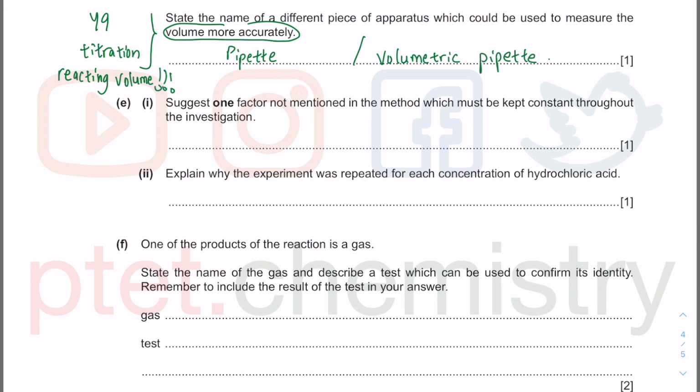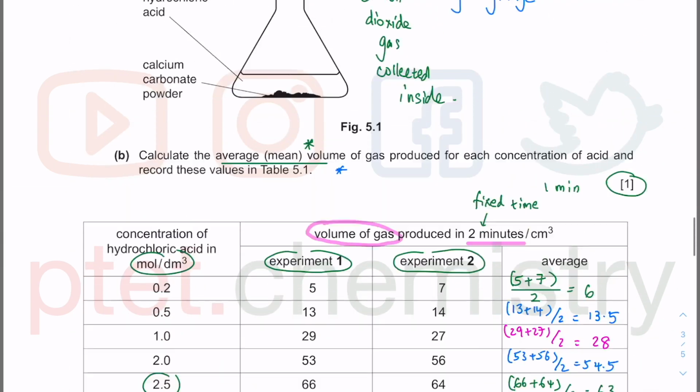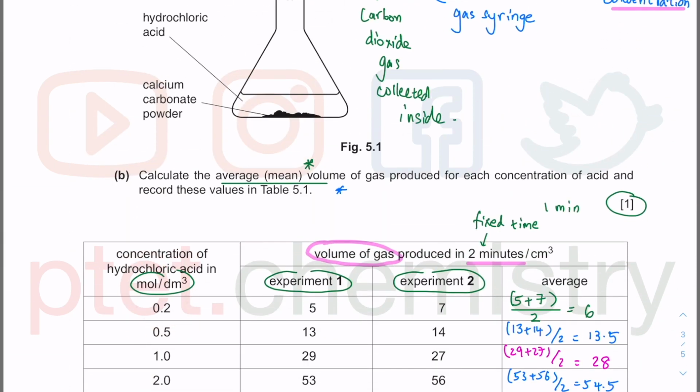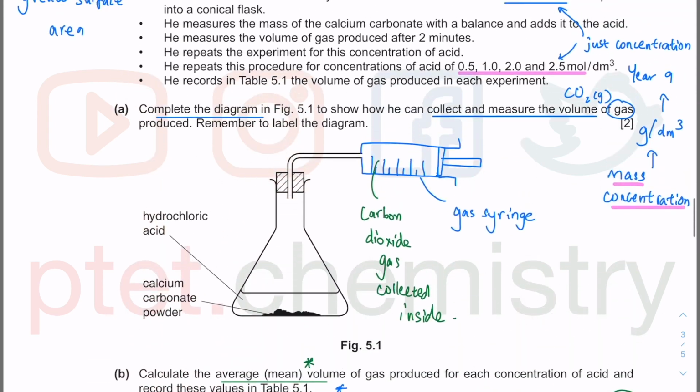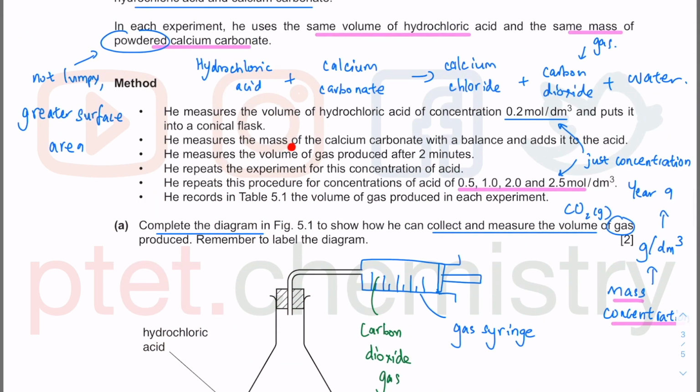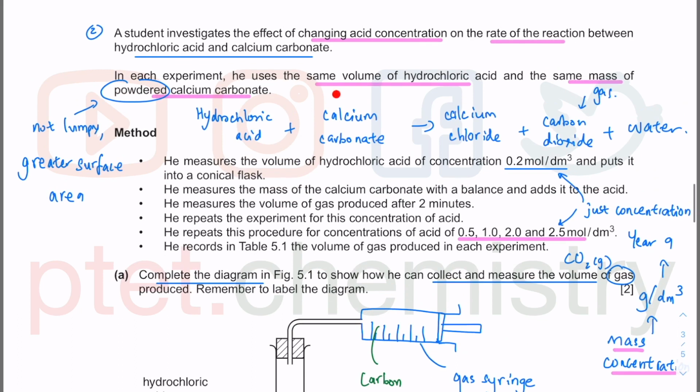So the next bit suggests one factor not mentioned in the method, so not mentioned so far, must be kept constant. So this is what you call control variable. Control variable means it could affect what you're trying to investigate, but you don't want to change it. You must keep it constant. What we're investigating here is changing the concentration of the hydrochloric acid. What else did they say? They mentioned the same volume of hydrochloric acid, the same mass of powdered calcium carbonate.